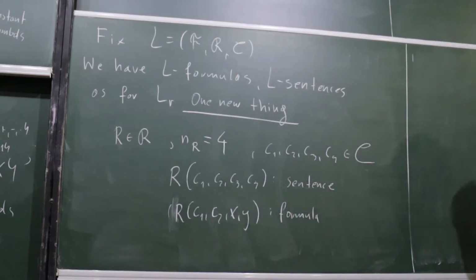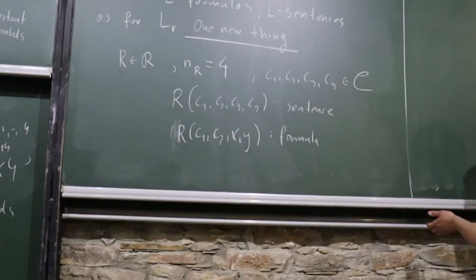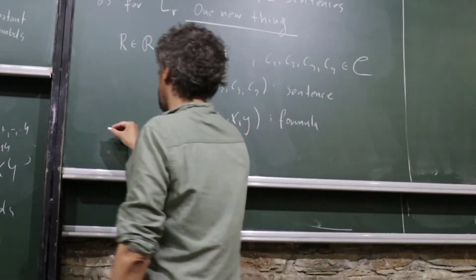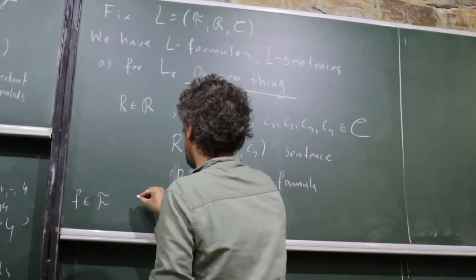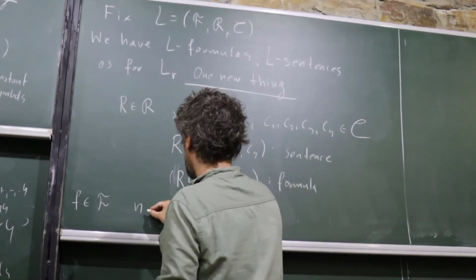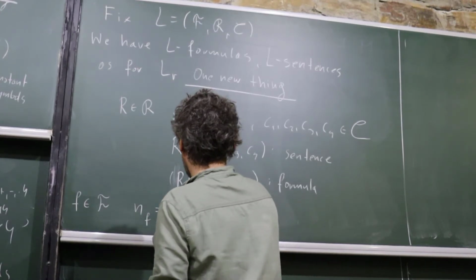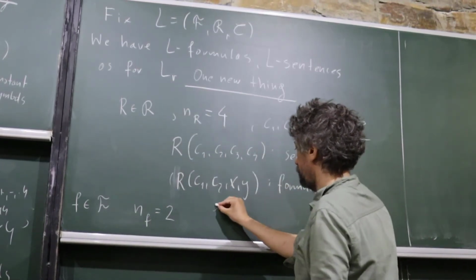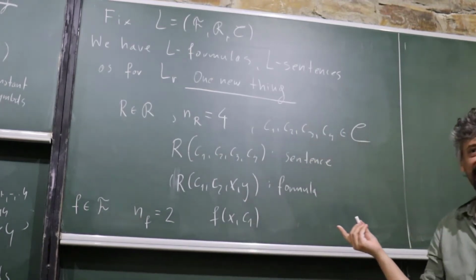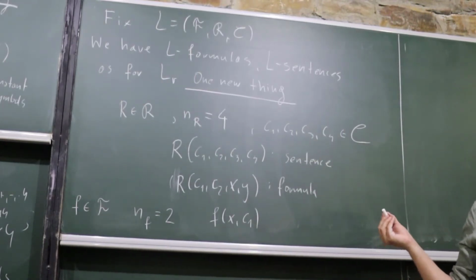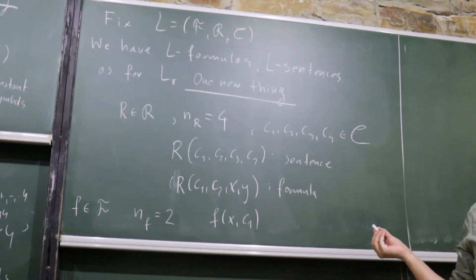Okay, so now I'm defining what it is. And if, for example, f is a function symbol, let's say, and its arity is 2, then such a thing is not a sentence, because it just says a function of, but what?